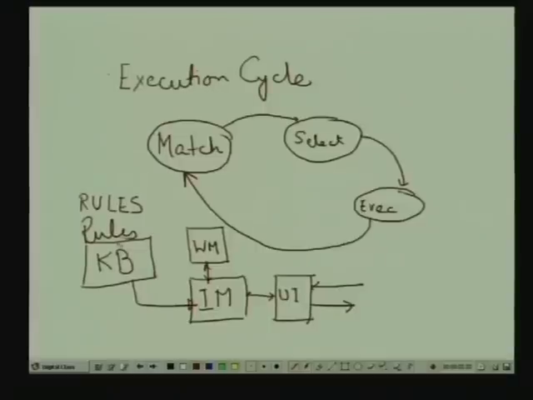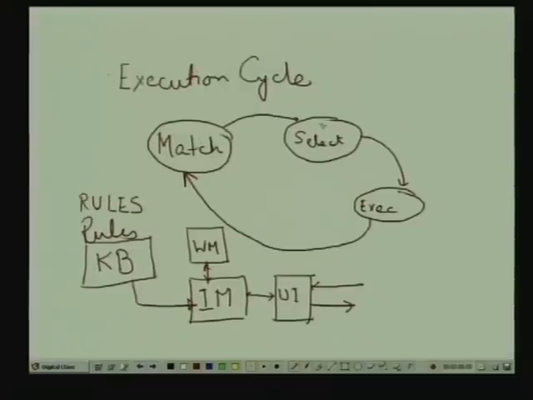Now, there may be more than one rule enabled to be fired. When is a rule enabled to be fired? A rule is said to be enabled when all the antecedents match or the consequents match, depending on whether we are going to do forward chaining or backward chaining.